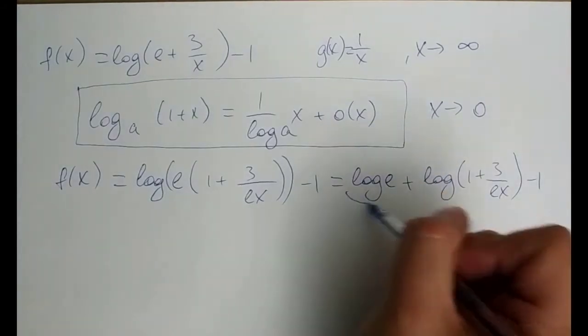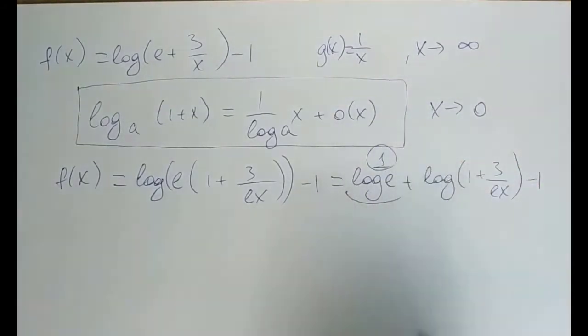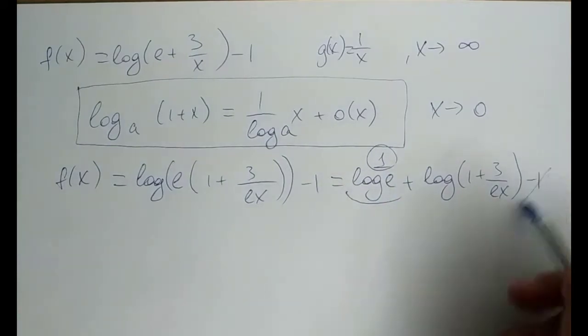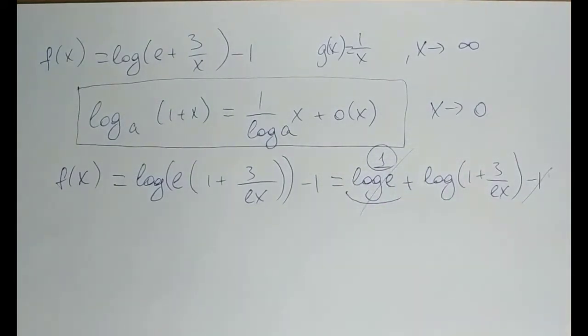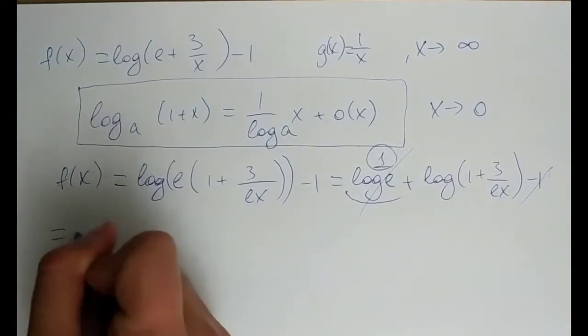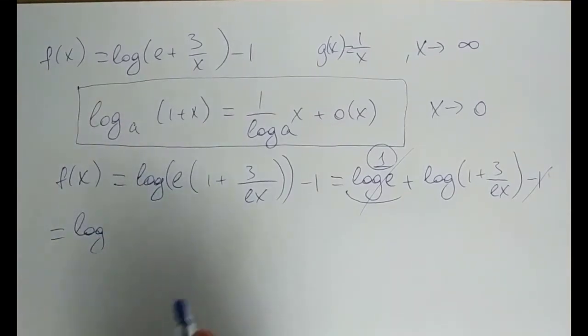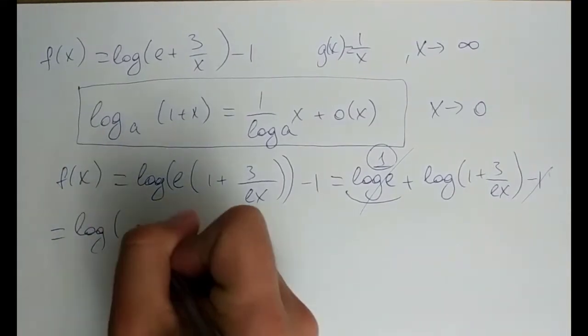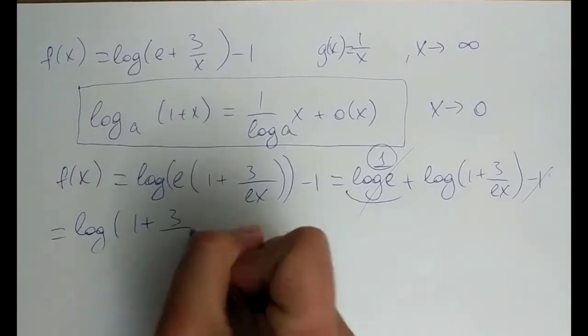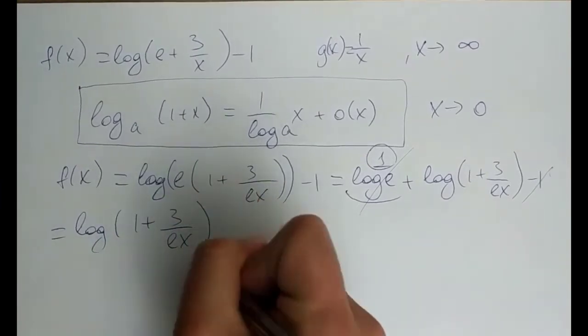So logarithm e is 1, so they cancel. And we have just logarithm of 1 plus 3 over e x.